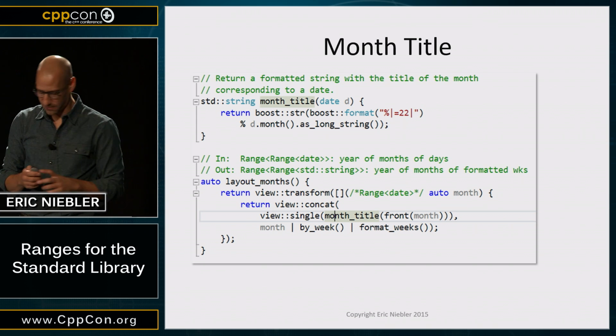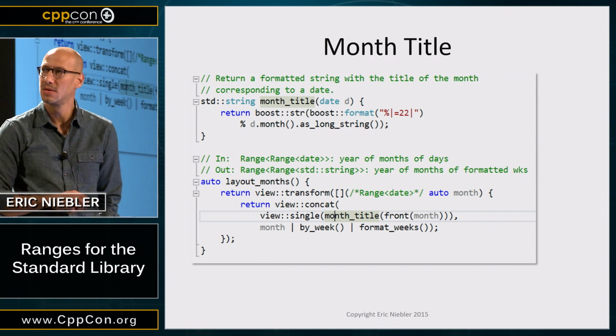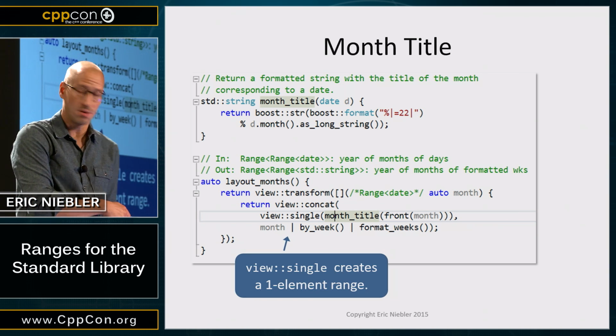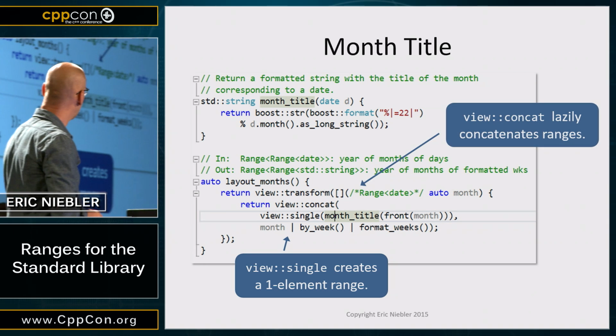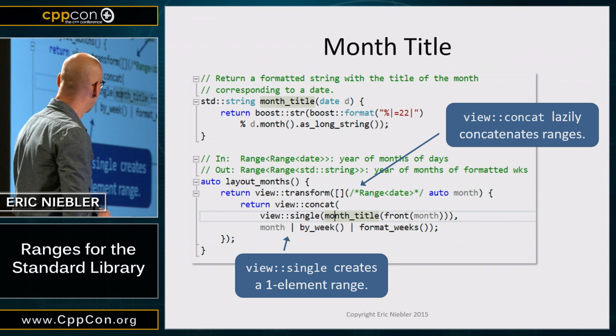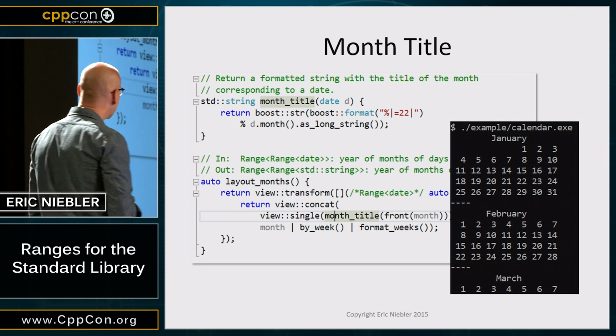So that's how I do that. View single, like I said, creates a one-element range, and concat lazily concatenates ranges, as you might expect. And so that's what we get now.